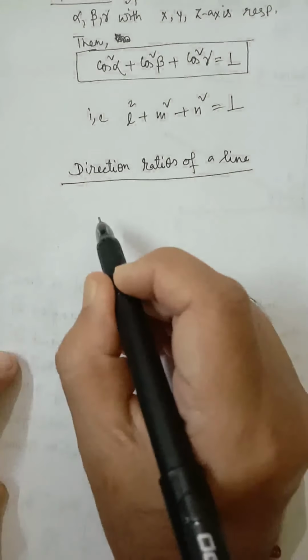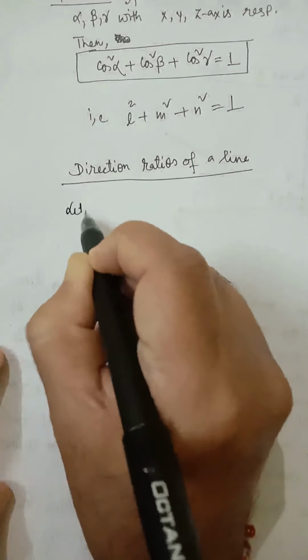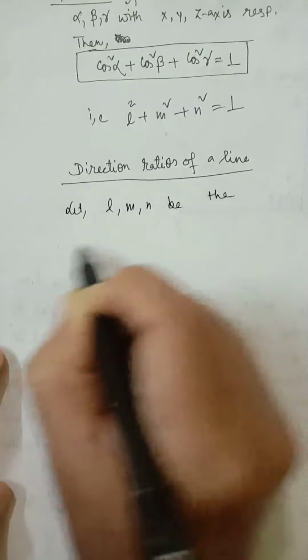The next definition is direction ratios of a line.